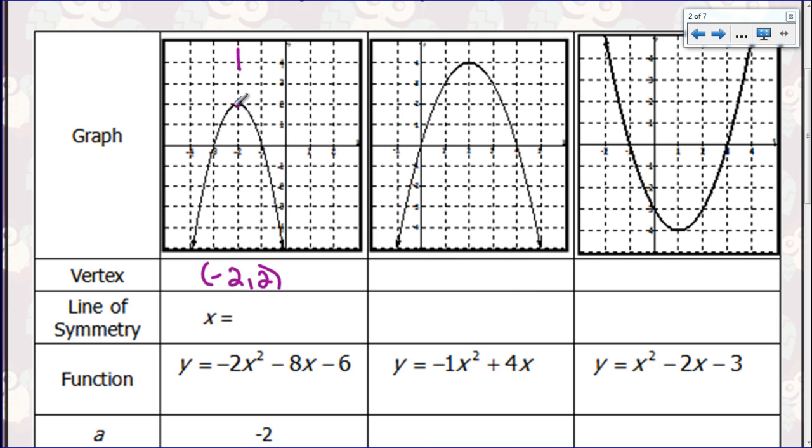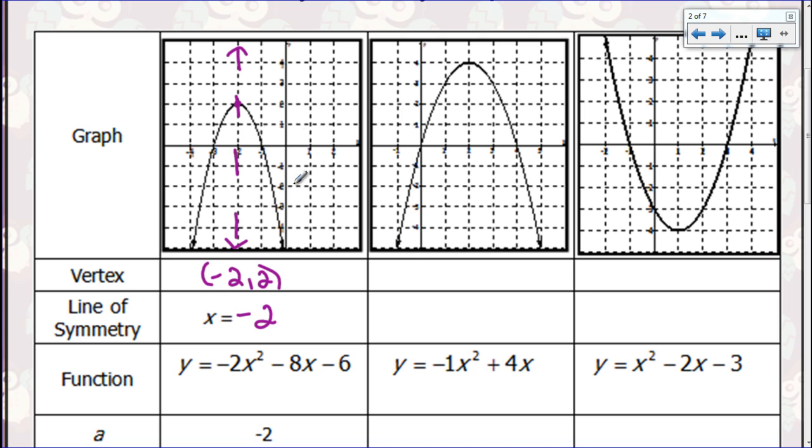And so if you look right here, this line right here cuts that parabola in half. When I put a line right there, the left side now matches the right side, so that's like my mirror. So my line of symmetry is at x equals -2. If you will notice, the x value of my vertex and the line of symmetry are identical. That will always be the case. If you can find the vertex, you know your line of symmetry because it's the x value.